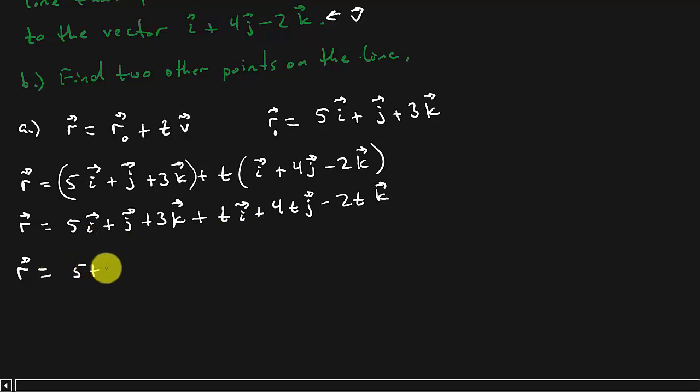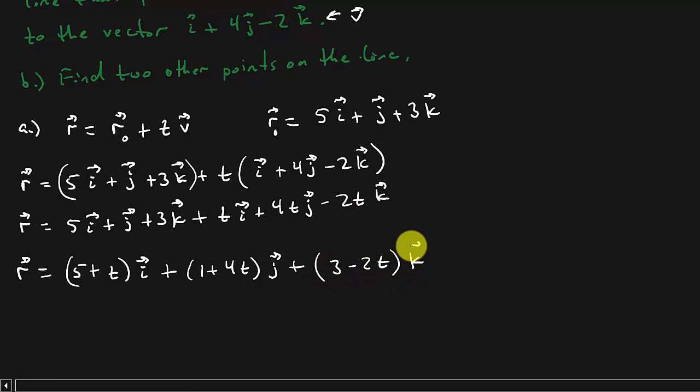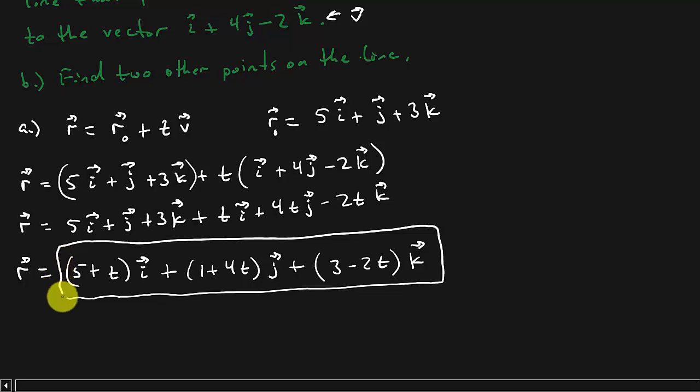That's going to leave me with 5 plus t times vector i, plus the j, that's going to be 1 plus 4t times vector j, plus, and now for the k, that's going to be 3 minus 2t times vector k. And so this is the vector equation for the line.